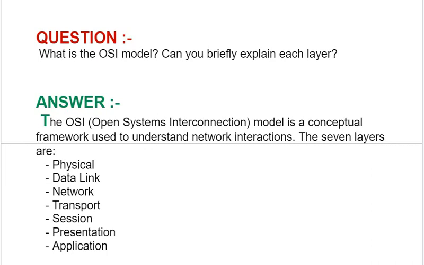The 7 layers are: first, physical layer; second, data link layer; third, network layer; fourth, transport layer; fifth, session layer; sixth, presentation layer; seventh, application layer.